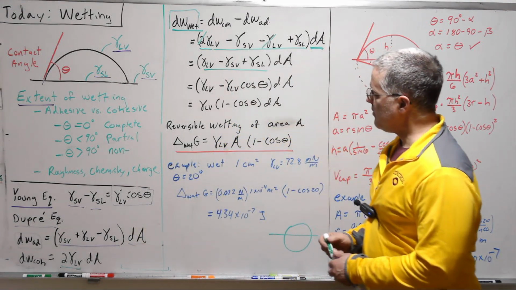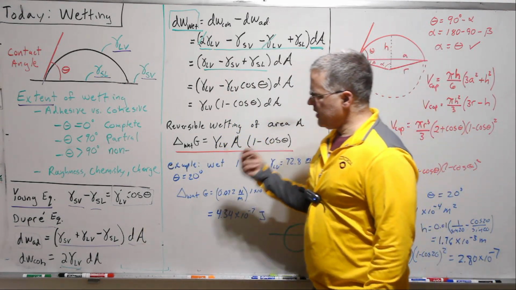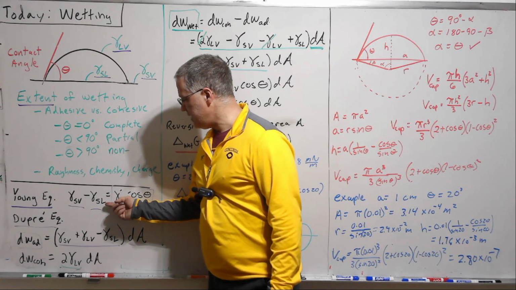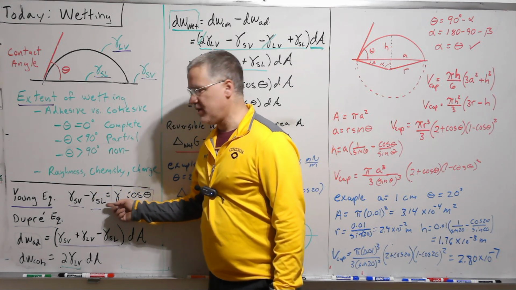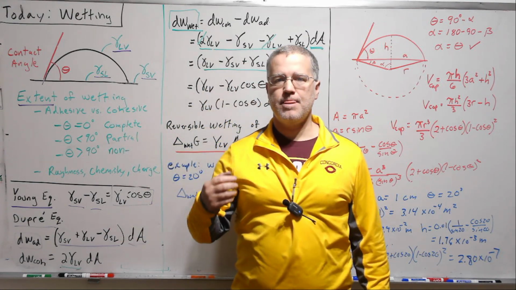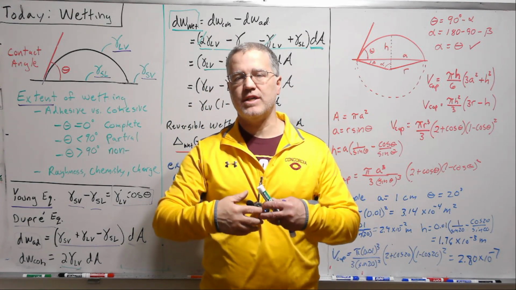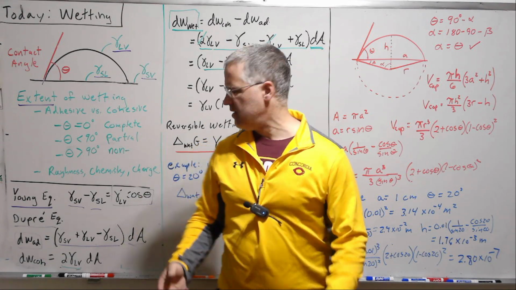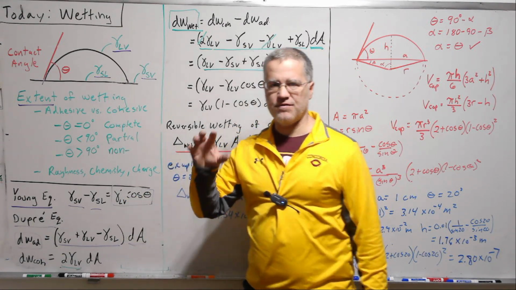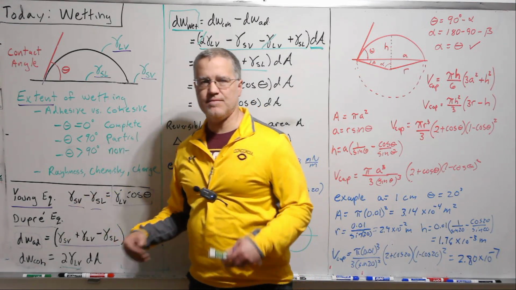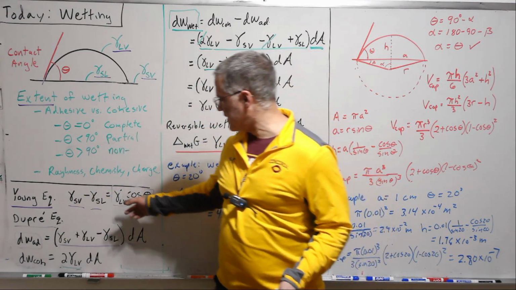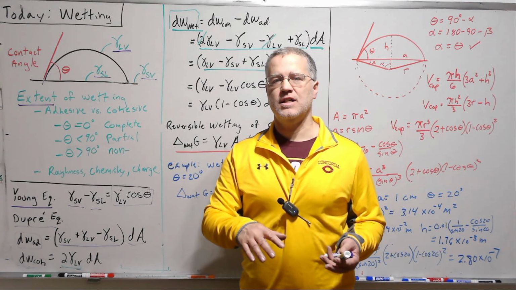Okay. Now what we can notice here is with the Young equation, we can switch out the surface vapor and the surface liquid in favor of the liquid vapor, because that's going to be more easily measured. There's bigger tables of the liquid vapor surface tension, because here, in both of these cases, it matters what the surface is. Well, I guess here, it matters what the surface is and what the liquid is.